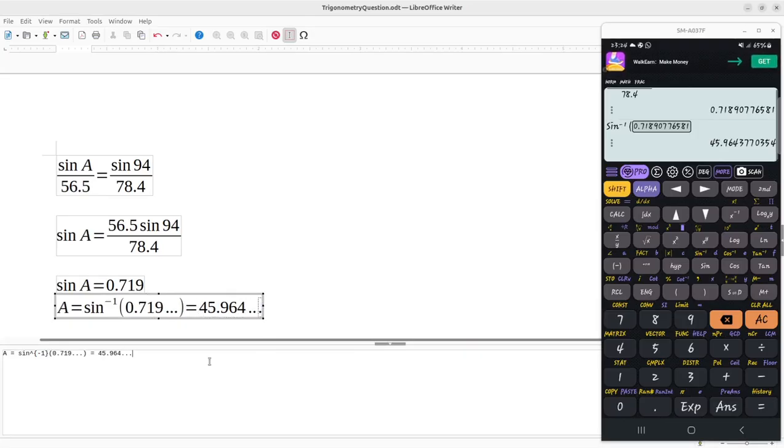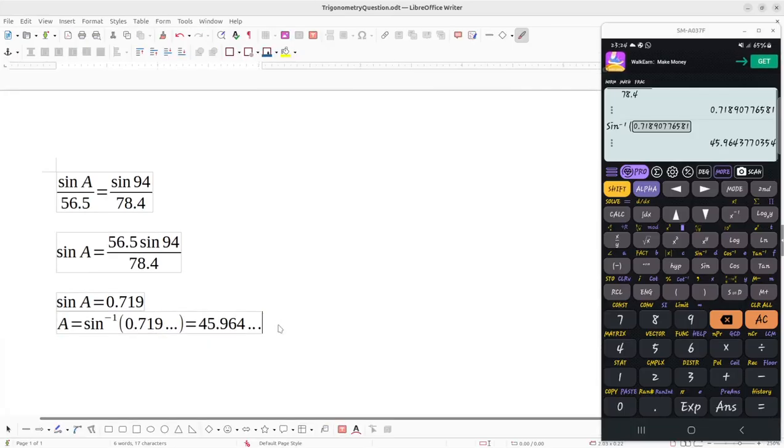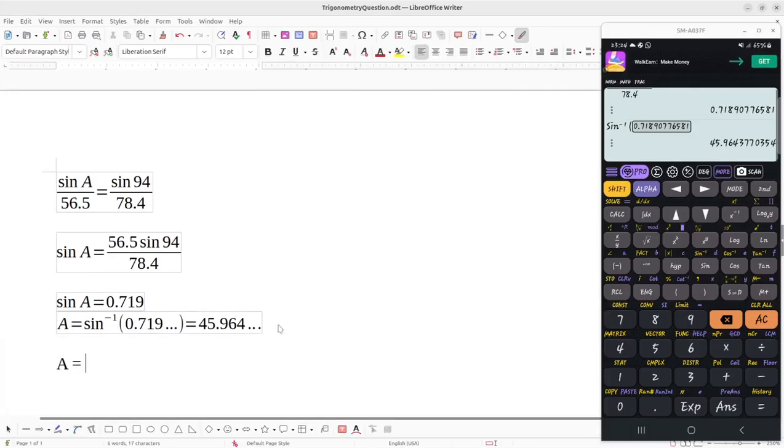Now rounding this off to one decimal place, A will be equal to 45 point, it's actually 46.0, because you underline the 9, add 1 to 9, it's 10, then you write 0 and carry 1 on 5. So 1 plus 5 is 6. 46.0 degrees.